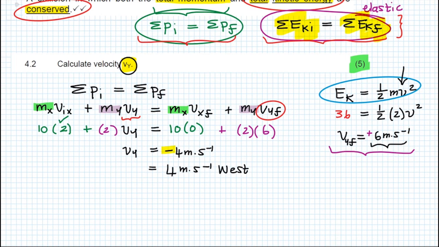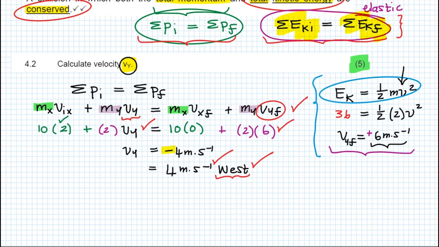For a calculation like this, you're going to obtain marks as follows. Unfortunately, you're not going to obtain any marks for this calculation if you used this method. But you are going to obtain 1 mark for writing down the principle of conservation of linear momentum. So this equation, you're going to get 1 mark for everything that you substituted on the left, 1 mark for everything that you substituted on the right, 1 mark for the magnitude of the velocity Vy, and 1 mark for giving the direction.